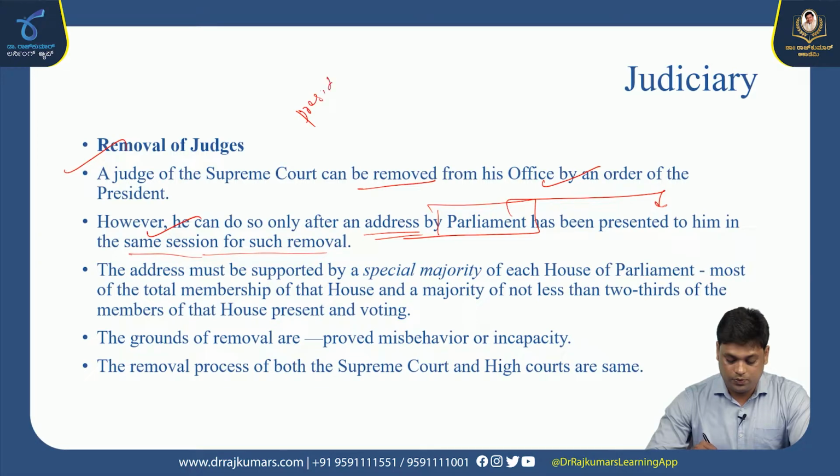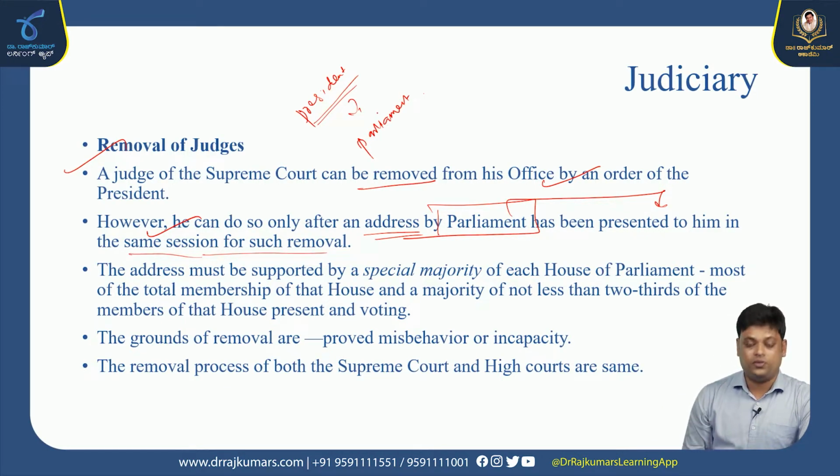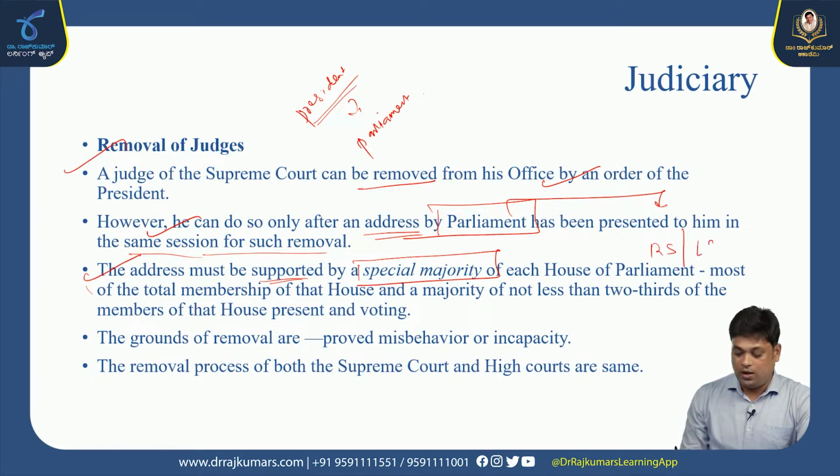He is supposed to address the Parliament related to the removal of the Supreme Court judge. The address must be supported by a special majority of each house of the Parliament. So for removal of the Chief Justice of India, both Houses, Rajya Sabha and Lok Sabha, must pass that particular resolution with a special majority.